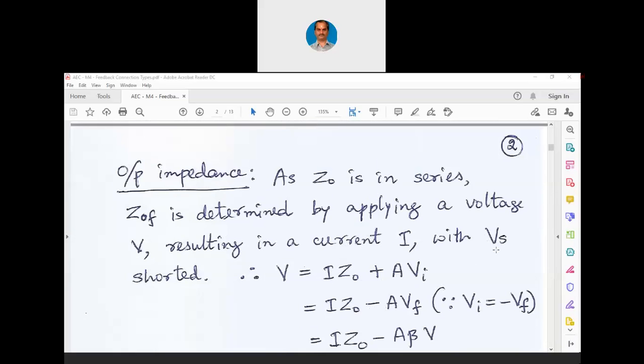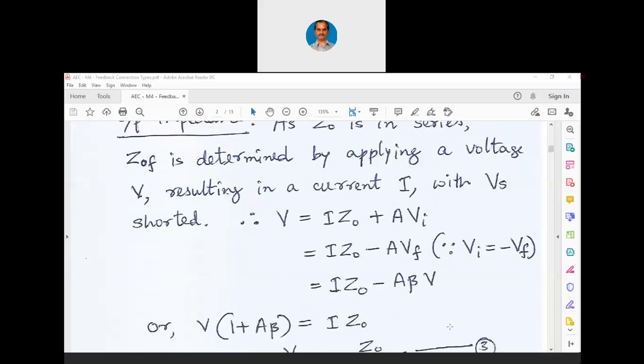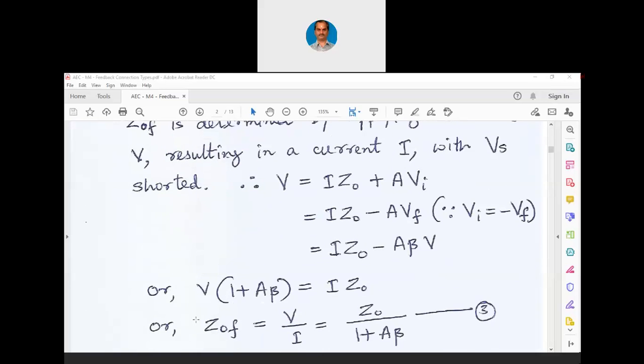As Vs is shorted now, Vi is nothing but minus of Vf. So Vf is nothing but beta into V. So it is I into Zo minus A beta into V, or V into 1 plus A beta is equal to I into Zo. Finally we get Zof, or the output impedance with feedback, is nothing but V by I. V by I is nothing but Zo divided by 1 plus A beta. That means the output impedance is reduced by a factor of 1 plus A beta.